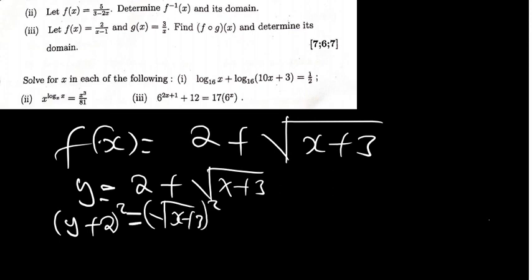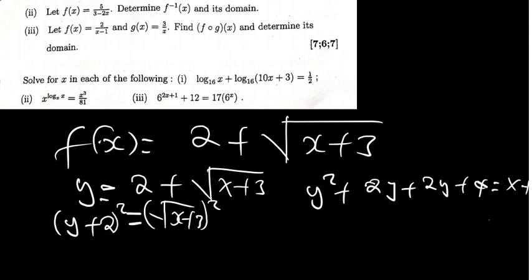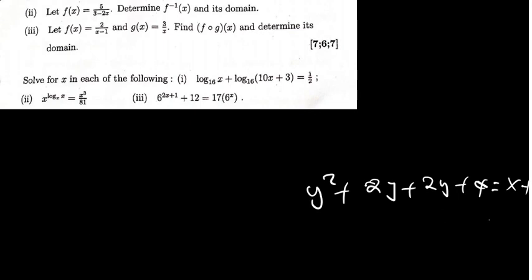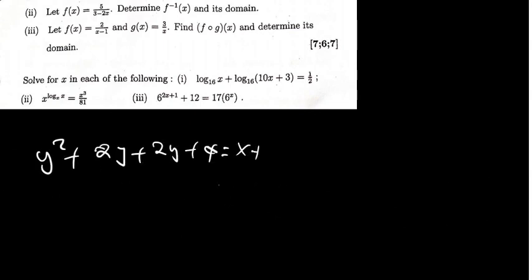So what we are going to have is y squared minus 4y plus 4 is going to be equal to x plus 3. I think this is the question you asked me about last time.